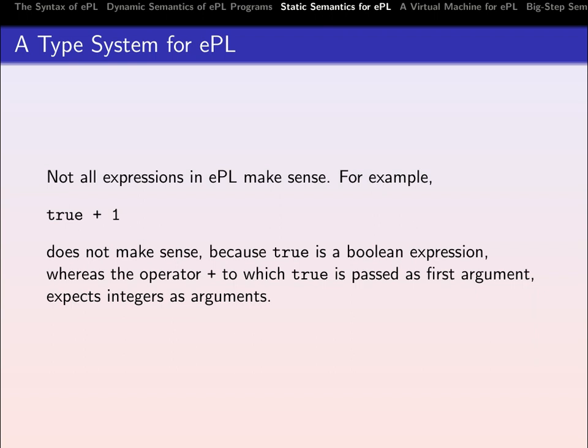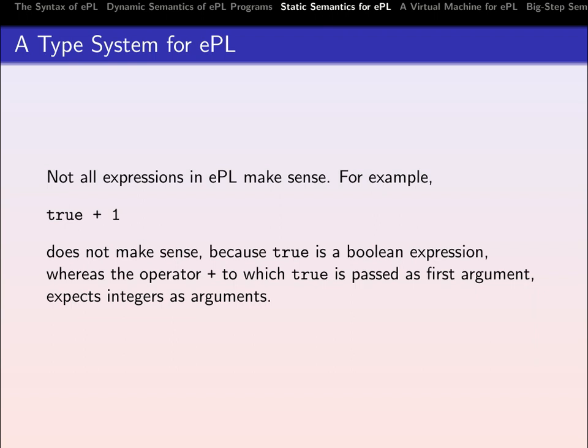If it's 1 plus 2 plus 3, the type should be integer. If it's 1 plus 2 less than 3 plus 4, the type should be boolean, right? And if it's 1 plus 2 less than 3 and 4 plus 5 is equal to 100, then the type is also boolean, right? It's not very obvious how that would happen, and therefore we have to go through a similar process, right?